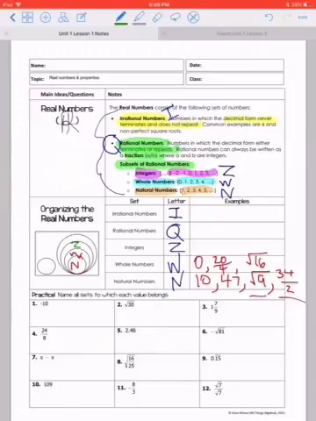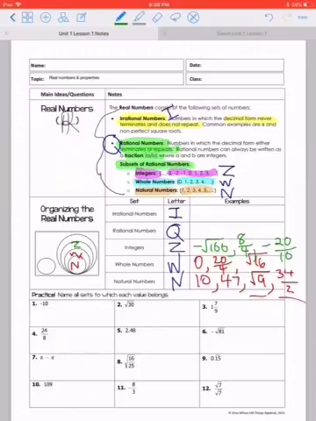So we can have like negative square root of 100. That would be negative 10. 8 over 4. Negative 20 over 10. Okay, some good examples.